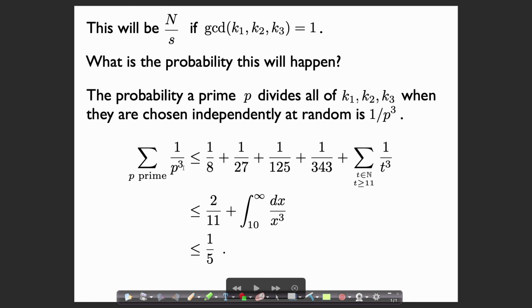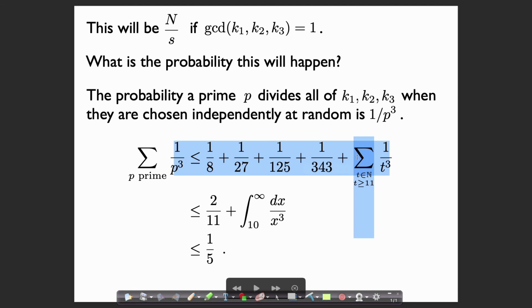Okay, and we can upper bound this just by writing out terms for the first few primes explicitly, and then just bounding the rest by summing over all integers t bigger than or equal to 11 of 1 over t cubed, okay? And now 1 over t cubed is a decreasing function on this interval, right, for t bigger than or equal to 11.